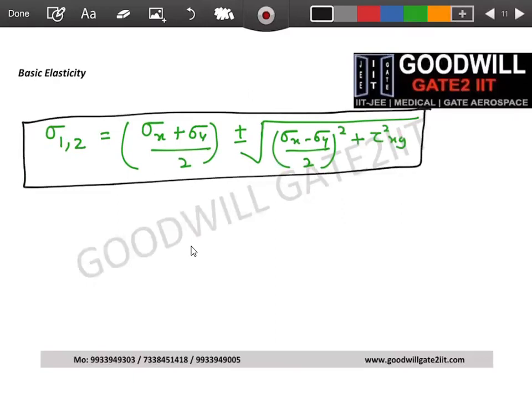This is the formula. I'll give you an eigenvalue method in which the formula is not needed. You can use matrix and eigenvalue properties to calculate sigma 1, sigma 2. And third is the Mohr circle method, which is a graphical method to calculate the same thing.